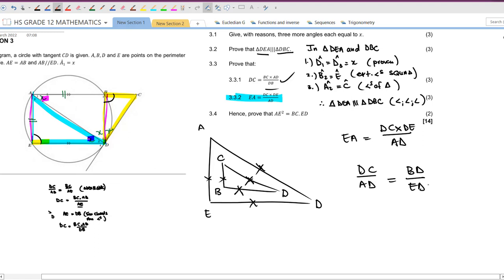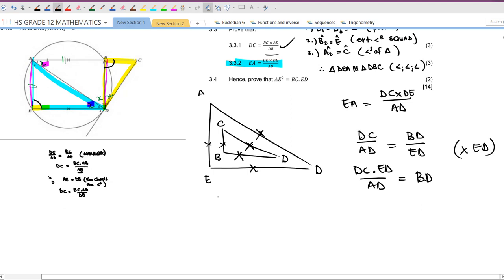Okay, so now I multiply again with ED. Then BD equals DC times ED over AD. That's the same as this one, DC times DE over AD. But now I don't have AE here, or EA, I have BD. So I have to prove that BD is the same as EA.